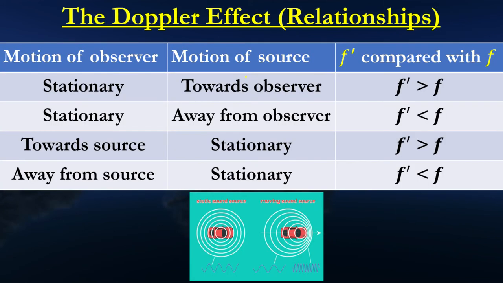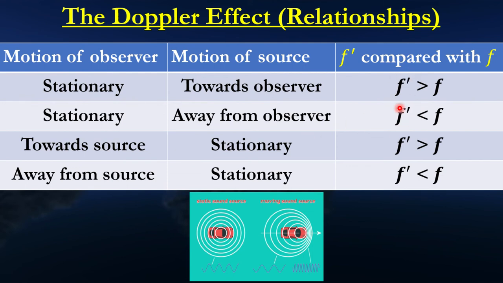Alright, the next one we have is looking at the Doppler effect and particular relationships. So you can actually work out from the formula itself, if the observer is stationary and the source is moving towards you, what type of frequency would you hear? So say you're the observer and you're not moving, and the sound is coming towards you, you'll hear that the pitch of the sound is higher, greater frequency.